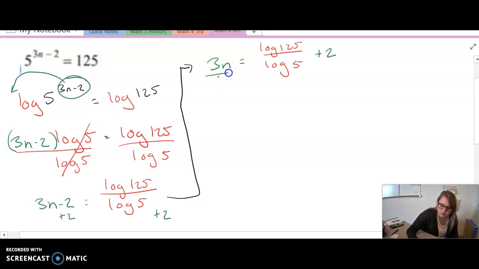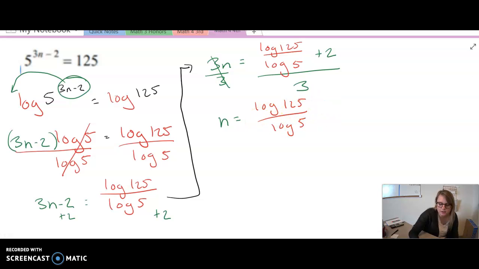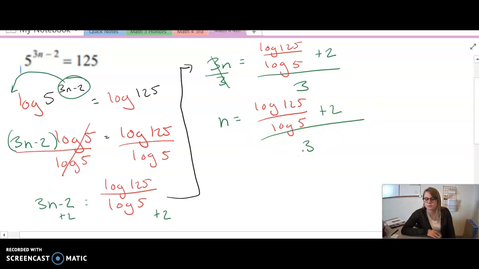Again, I need to get n by itself, so I'm going to divide both sides by 3. And so I have n equals the log of 125 over log of 5, plus 2, all divided by 3. From here, I'm going to use Desmos to get to our final answer.